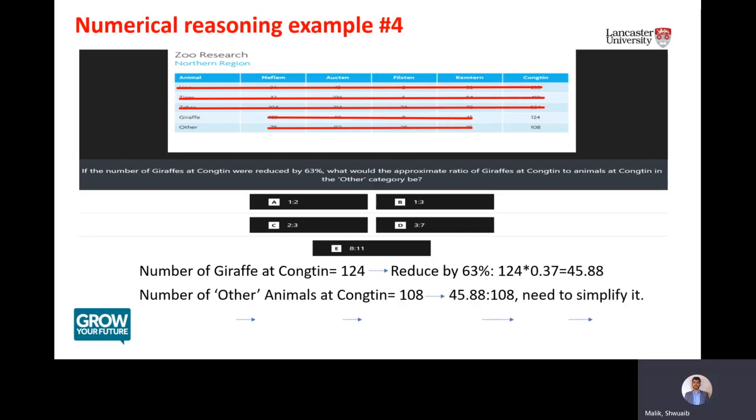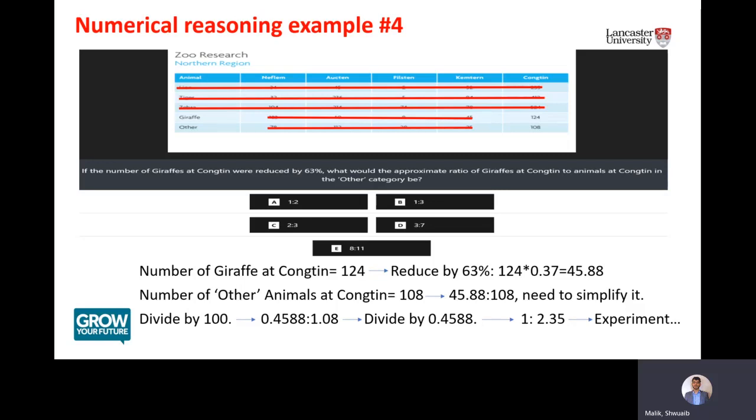The number of other animals at Congton is 108. So our ratio, which is what the question is asking us to do, is 45.88 giraffes to 108 other animals. Great, we have the ratio, but we need to simplify that into a more digestible format. There's several ways of doing this, and you will have your own method, but the particular method I used is dividing both sides by 100, which would give us 0.4588 to 1.08.